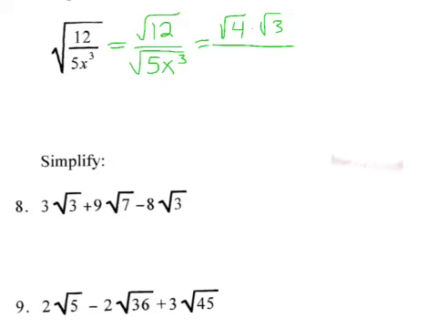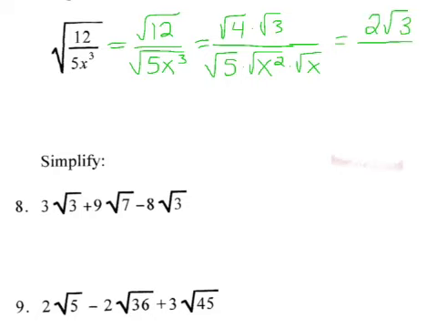And let's break the denominator up as the square root of 5 times the square root of x squared times the square root of x. So the numerator will simplify to 2 root 3, and the denominator will simplify to x square root 5x.